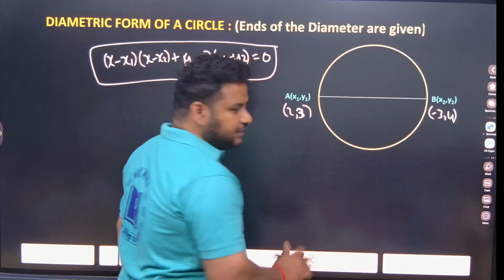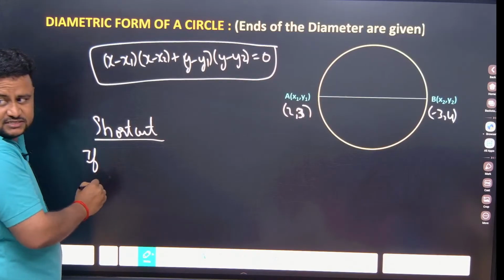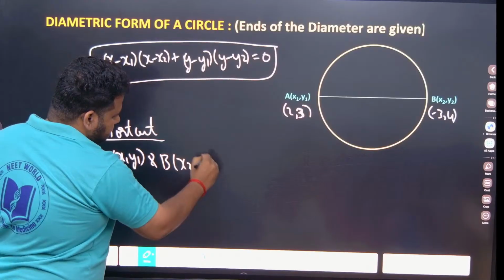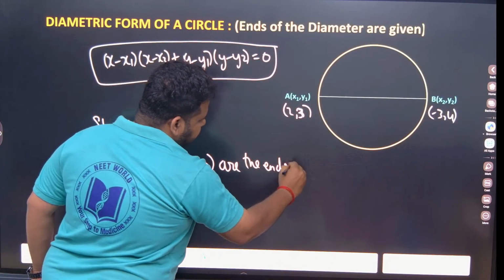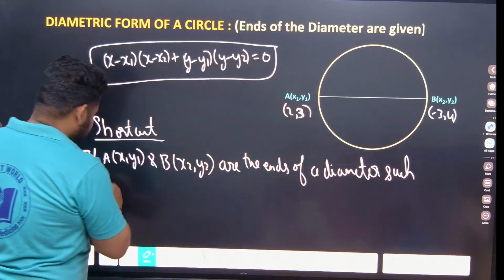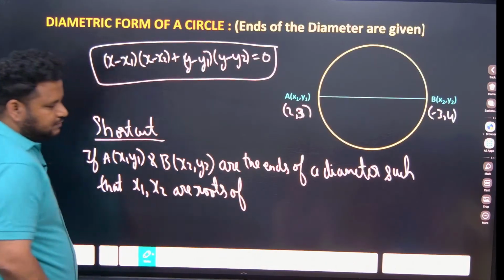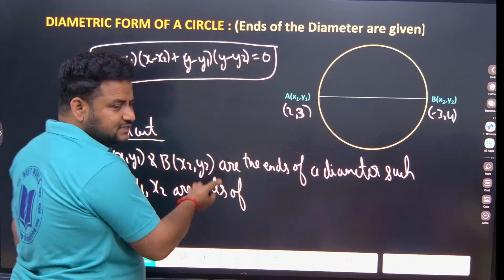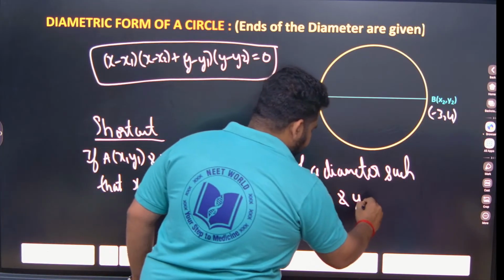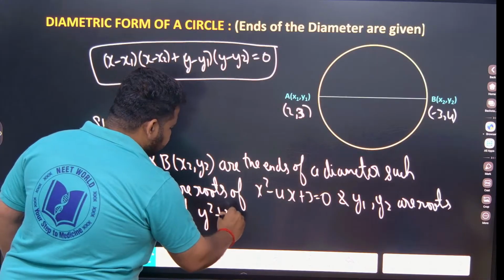Okay, done. Now here is a very important shortcut you have to know. If A (x1, y1) and B (x2, y2) are the ends of a diameter of a circle such that x1, x2 are roots of, suppose I give any quadratic equation, x square minus 4x plus 3 is equal to 0, and y1, y2 are roots of y square plus 2y minus 3 is equal to 0.